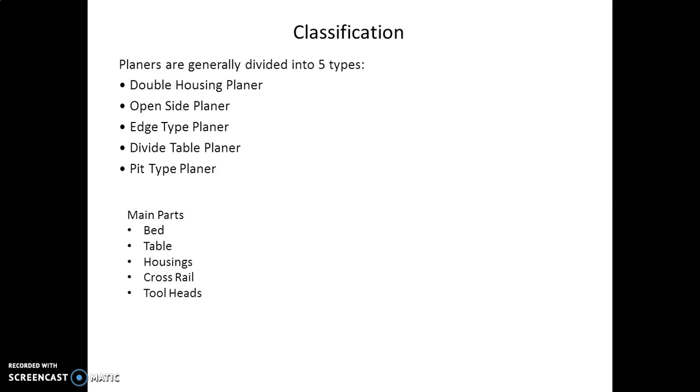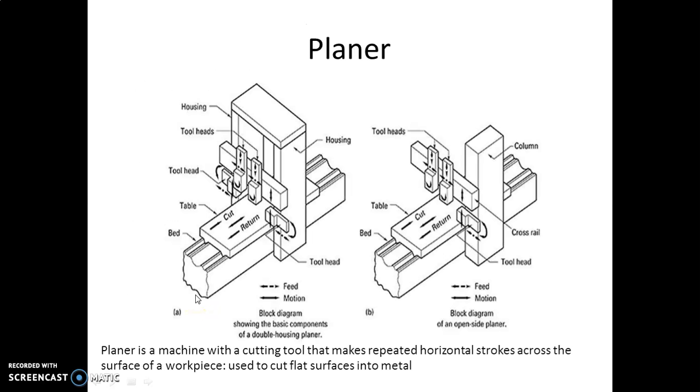They can be classified according to types like double housing planer, open side planer, edge type planer, divided table planer, and pit type planer. The main parts of a planer machine are bed, table, housing, cross rail, and tool heads. We'll discuss some of the parts here.